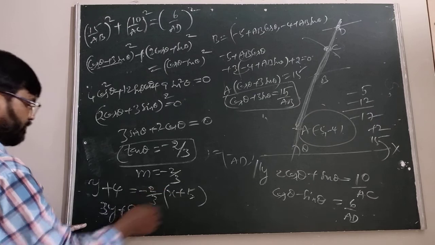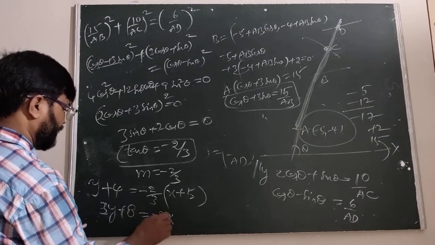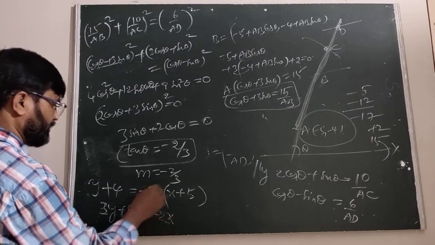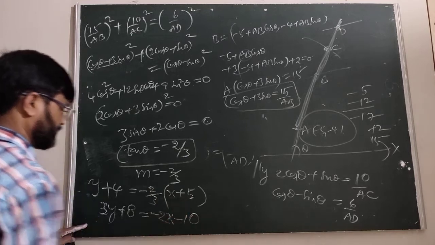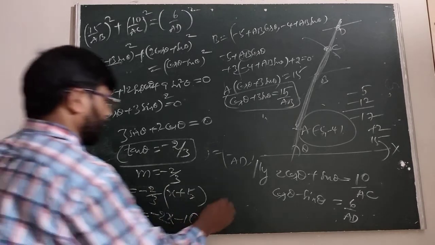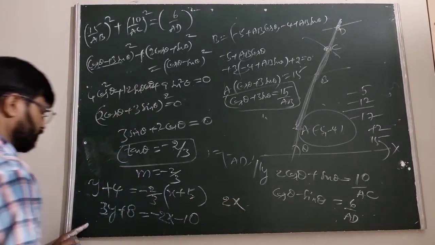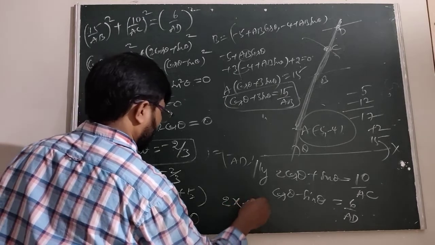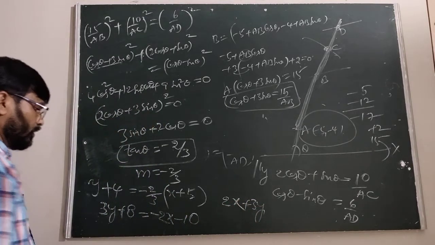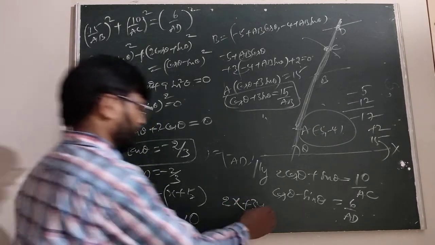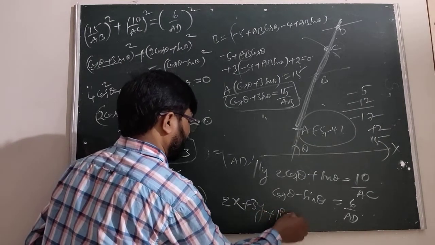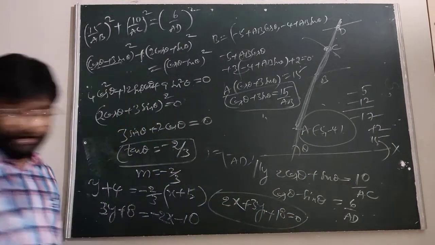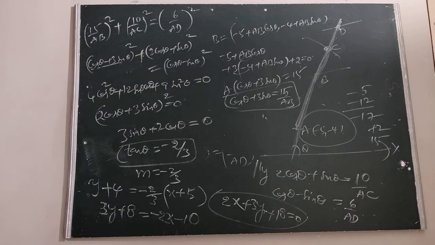This is minus of 2x. Is it clear? Minus of 2x minus 10. Now this is sent to the other side. It will become 2x plus 3y plus 18 equal to 0.